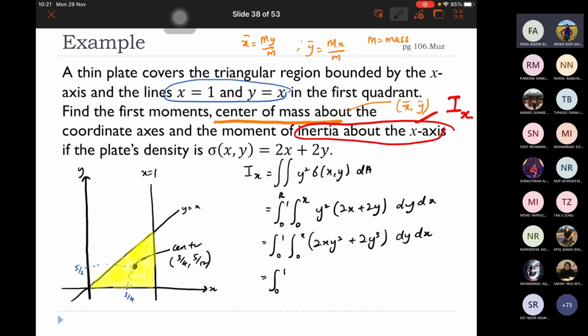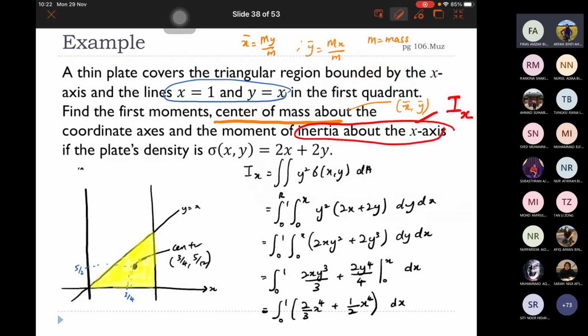Integration 0 to 1, 2xy kuasa 3 per 3 tambah 2y kuasa 4 per 4, 0 sampai x. Okay, dx. So dapat gantikan x, awak akan dapat 2 per 3 x kuasa 4 tambah 1 per 2 x kuasa 4. Okay. dx.